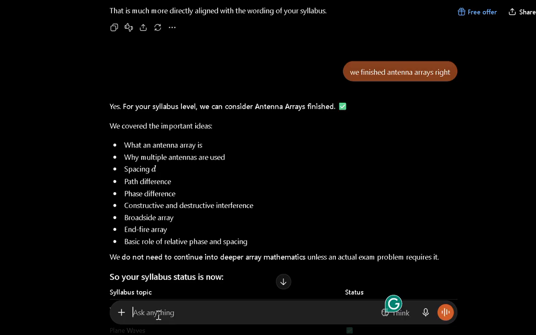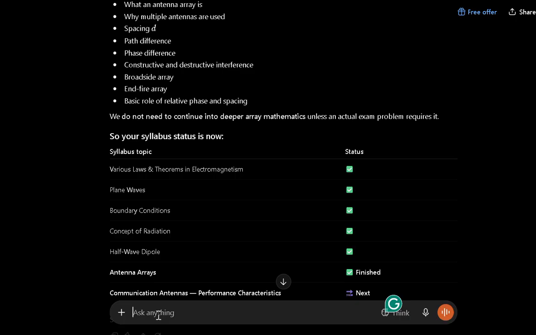For multiple antenna sets facing the phase difference, the basic rule is relative phase sensitivity. We do not need to continue into deeper array analysis unless an actual exam problem requires it.